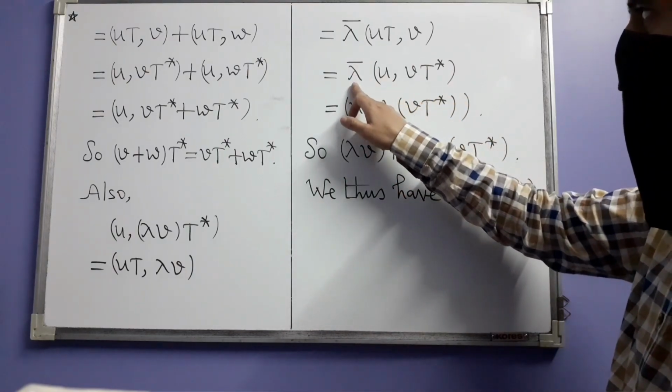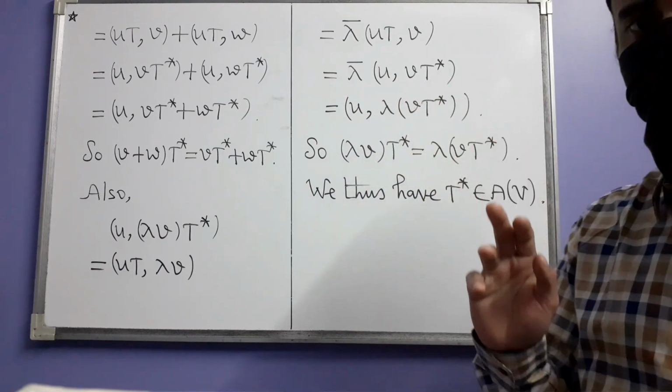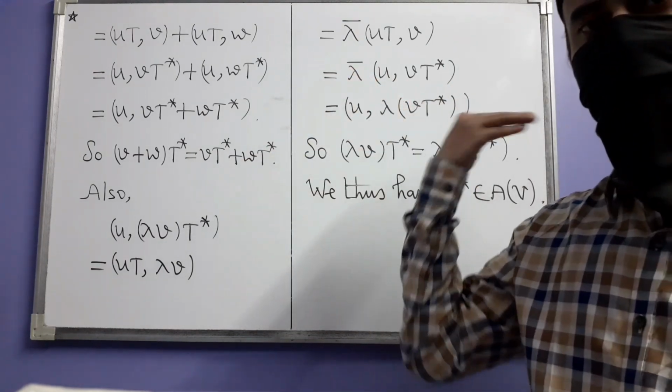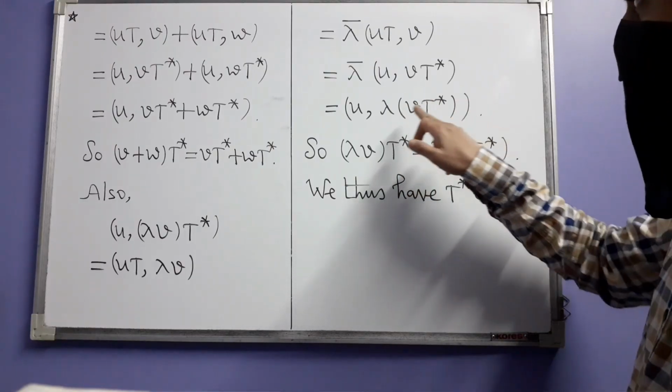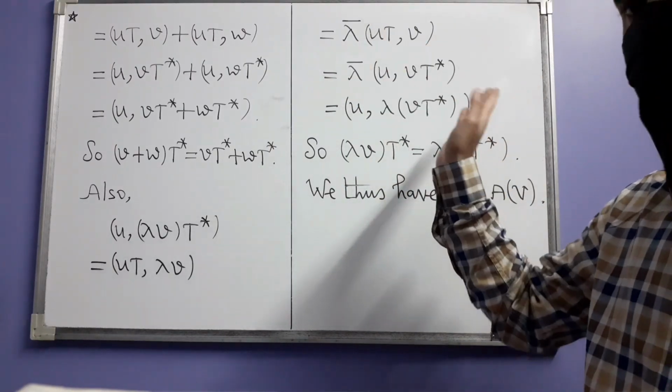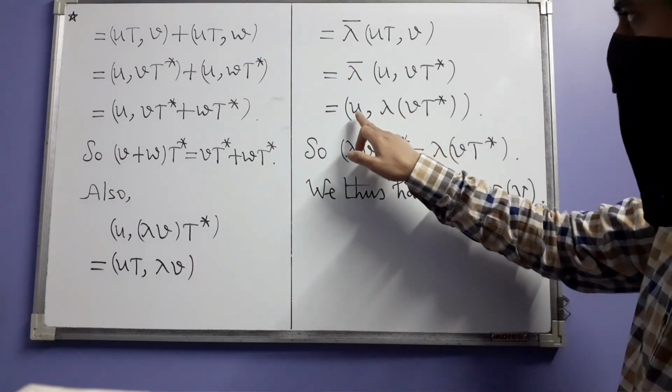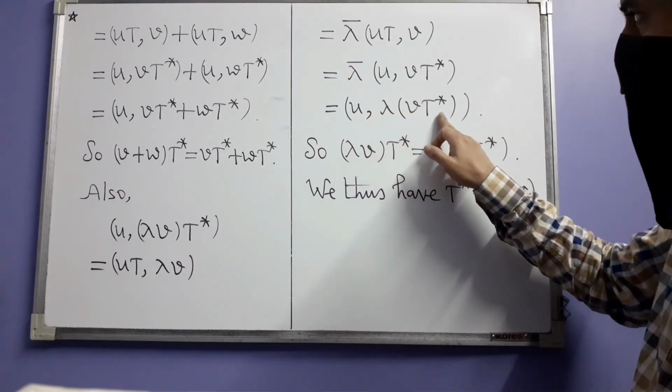So it becomes lambda bar times the inner product of u and Vt star. And then again you push this lambda bar inside. It becomes lambda because we are pushing it to the second component. So that way we get u comma lambda times Vt star.